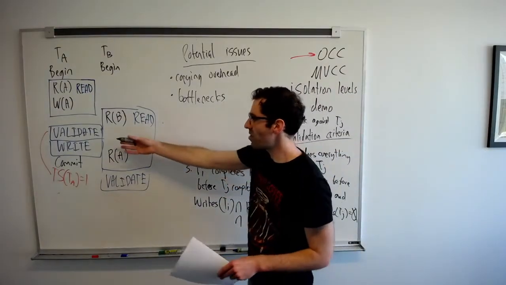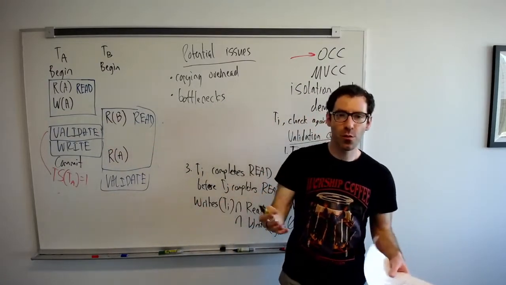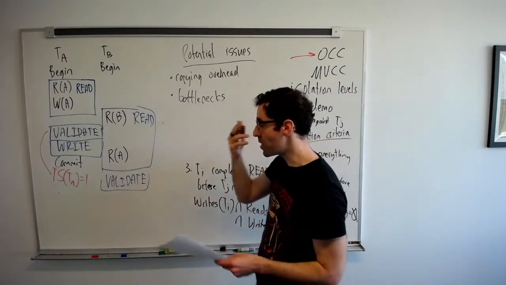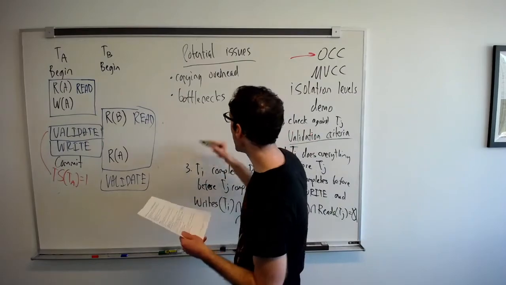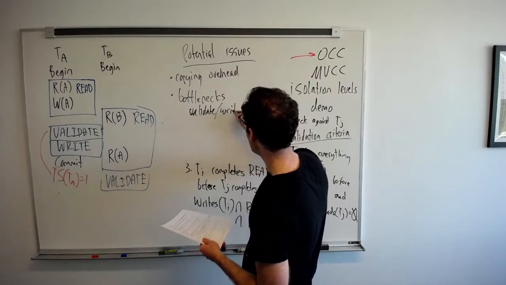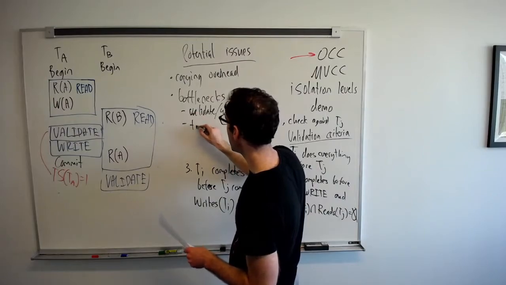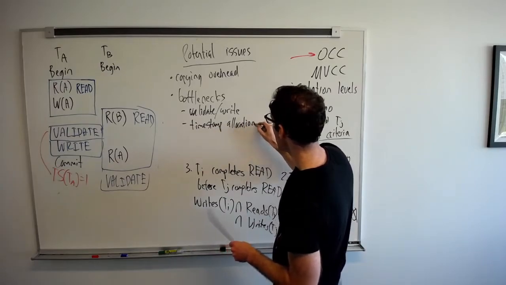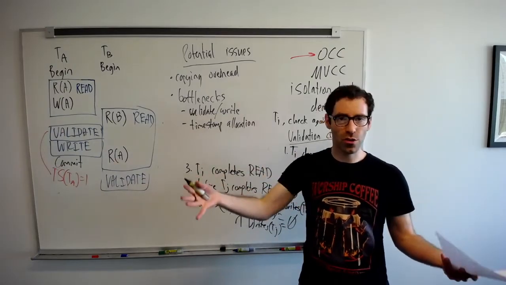As I said, we were assuming that only one transaction was validating at a time, but even if we allow that to happen in parallel, the synchronization we'd have to do in that case would still create a bottleneck at the validate or write step, and also potentially we could have a bottleneck when allocating timestamps, because we need timestamps to be global across all our transactions.